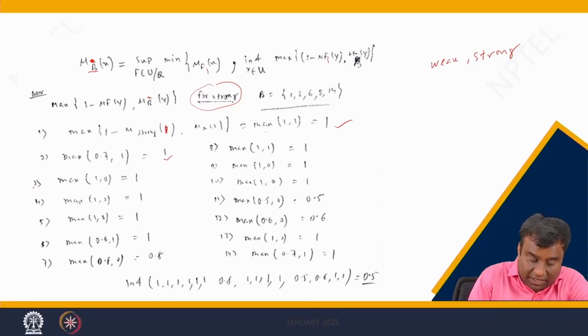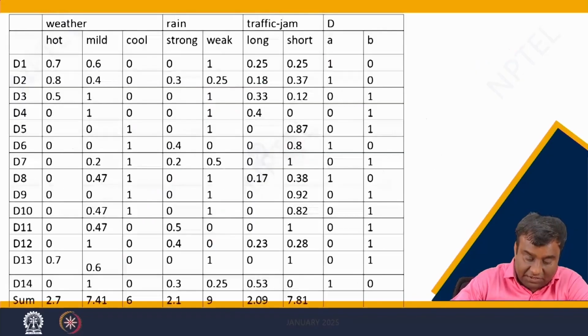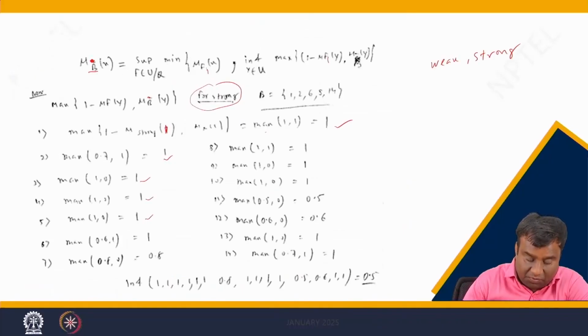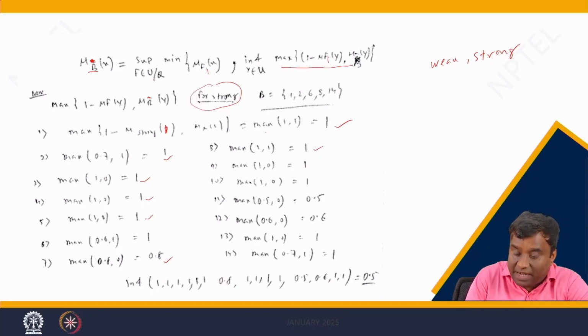Similarly for day 3 we get the maximum of 1 and 0, which is 1. For day 4, the maximum of 1 and 0 is again 1. For day 6, the membership value is 0.4, so 1 minus 0.4 is 0.6 and 1. Similarly 0.8 is here for day 7, and this is for day 8 and day 9.